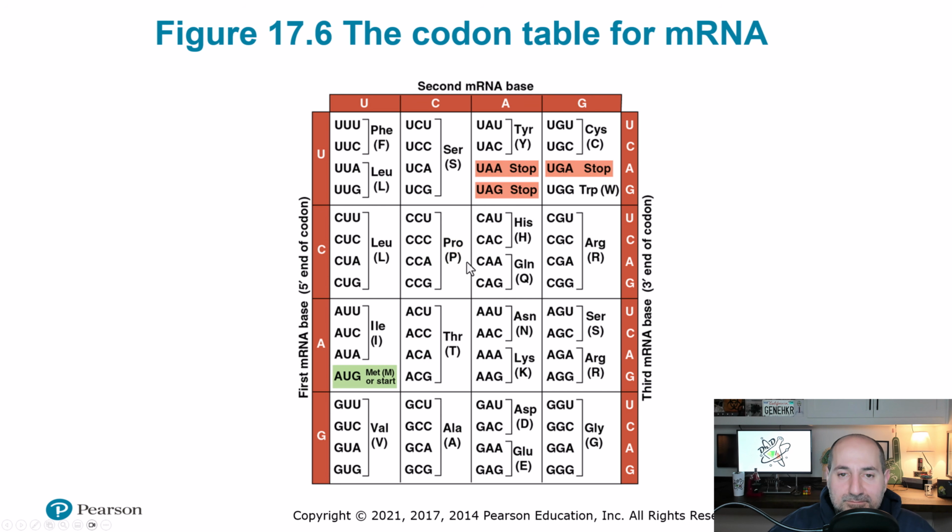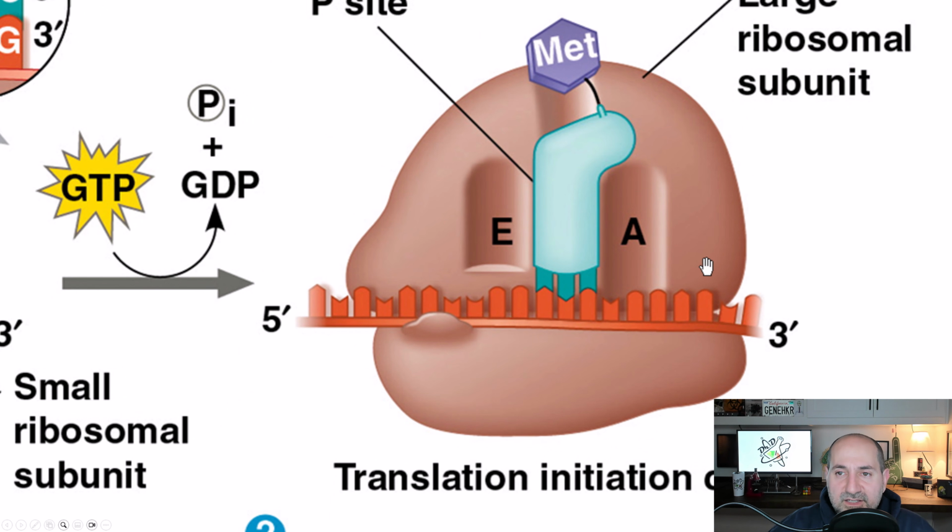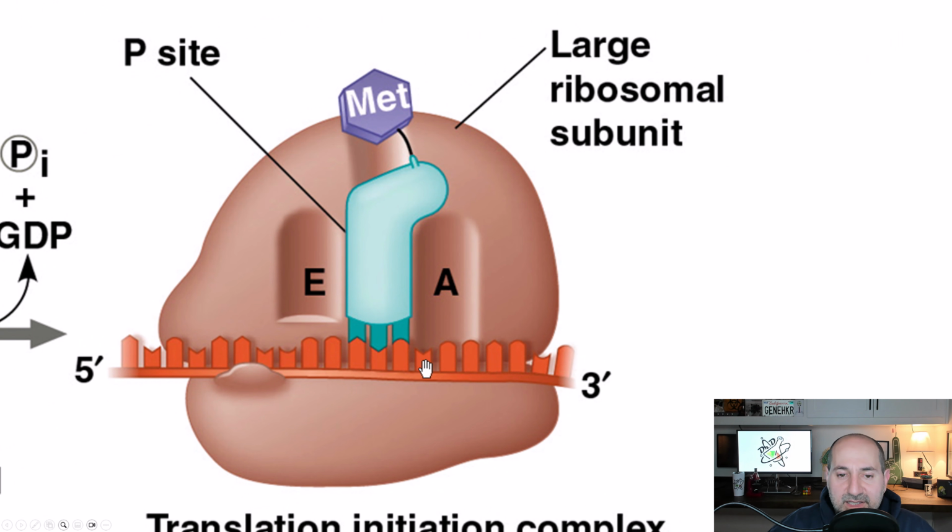So guess what? I'm just making up an example, if this next codon next to the start codon, AUG, says C, C, C, then the tRNA with the anticodon G, G, G will come in and bind, and it'll bring with it the amino acid proline. Does that make sense?